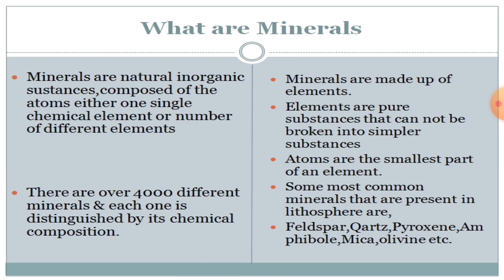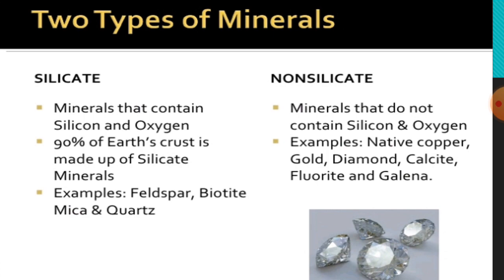Let us see slide 3. These minerals are grouped into two classes: the silicate group and the non-silicate group. In the silicate group are those minerals which contain silicon and oxygen.